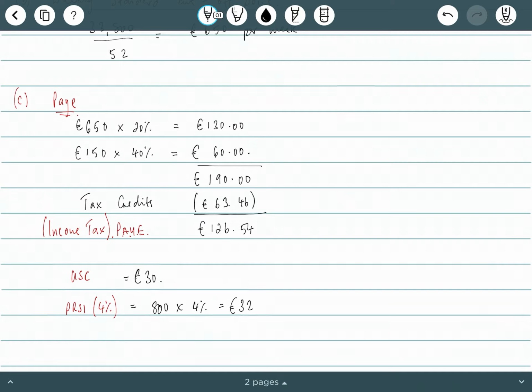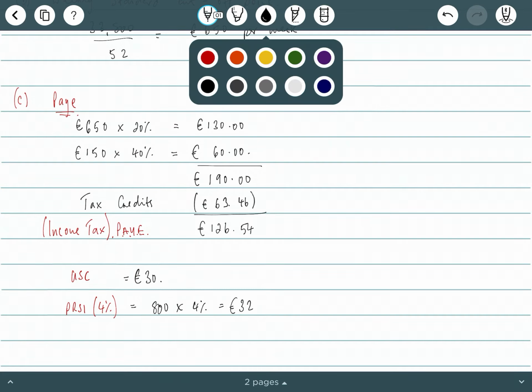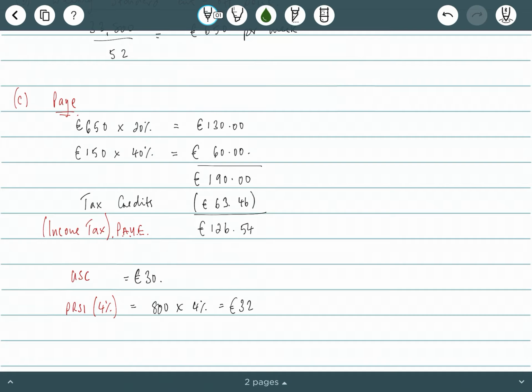Now I have my total deductions. I'll get a different color pen here for you. This 126.54 is your PAYE deduction. This €30 is your USC, which is your universal social charge. And this €32 is your PRSI, which is your pay-related social insurance. So why don't I add up my total deductions?